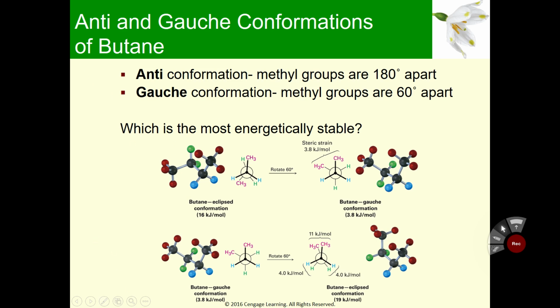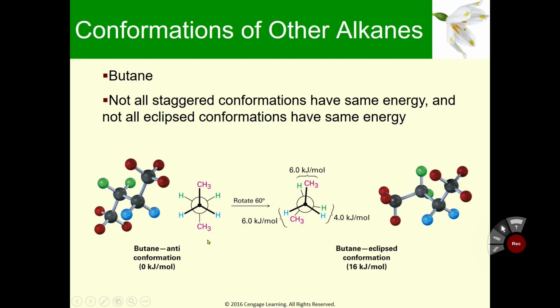Now let's take a look at this. This is the eclipsed one, but you can rotate 60 degrees and you will end up with this. In this case, two methyl groups are far apart, so we don't have to consider the energy between these two methyl groups because they are in opposite directions, they are far away.